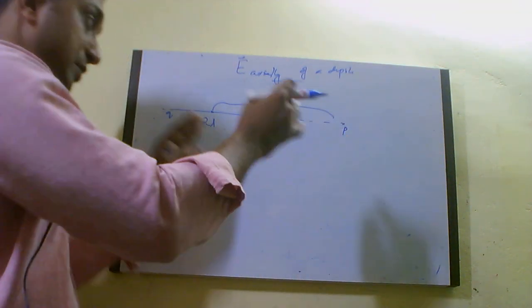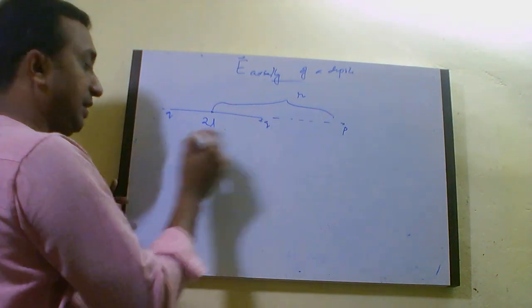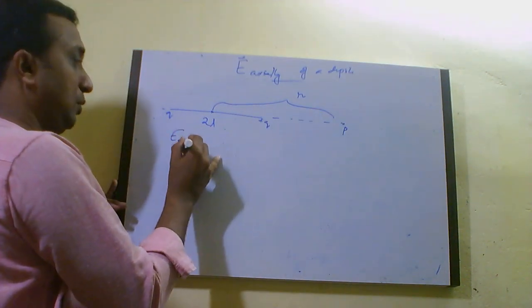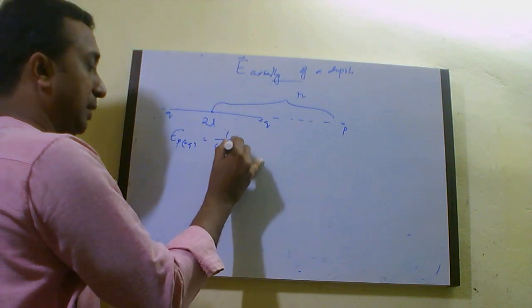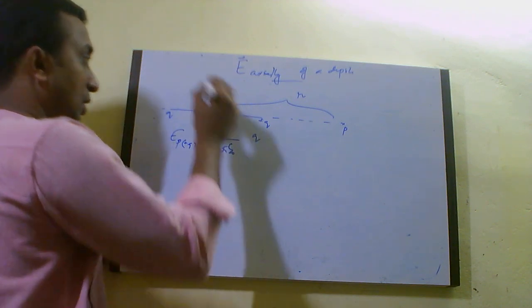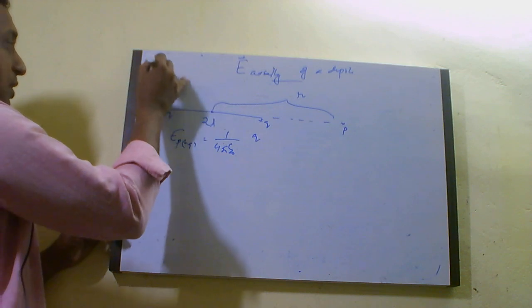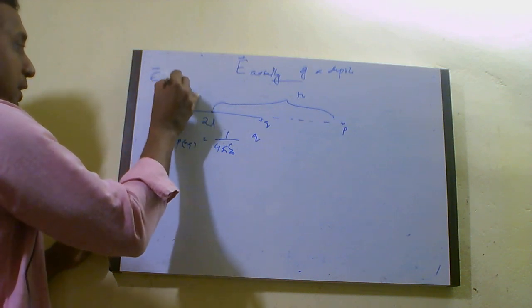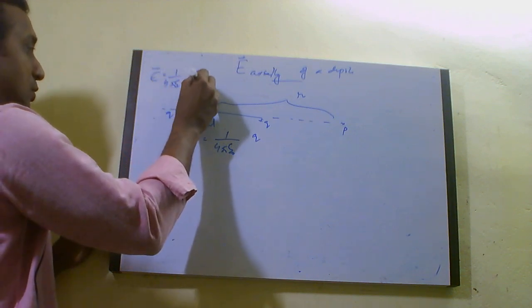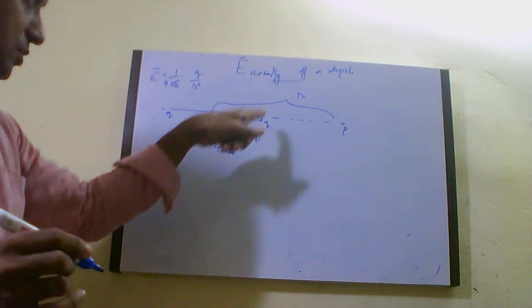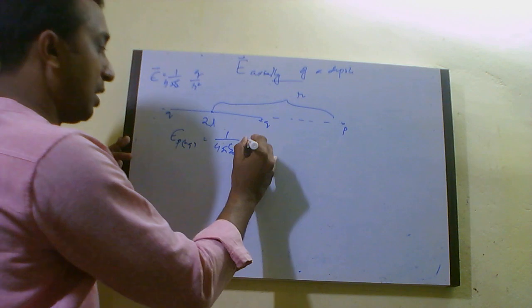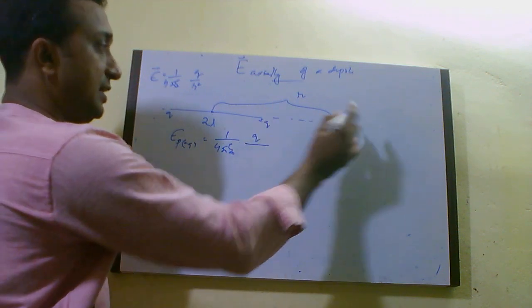So for that we write the electric field intensity at P due to plus Q. Electric field intensity's formula is E is equal to 1 by 4 pi epsilon 0 Q by r square. Q is the one who creates the field, so plus Q, so Q by r square. What is the distance?